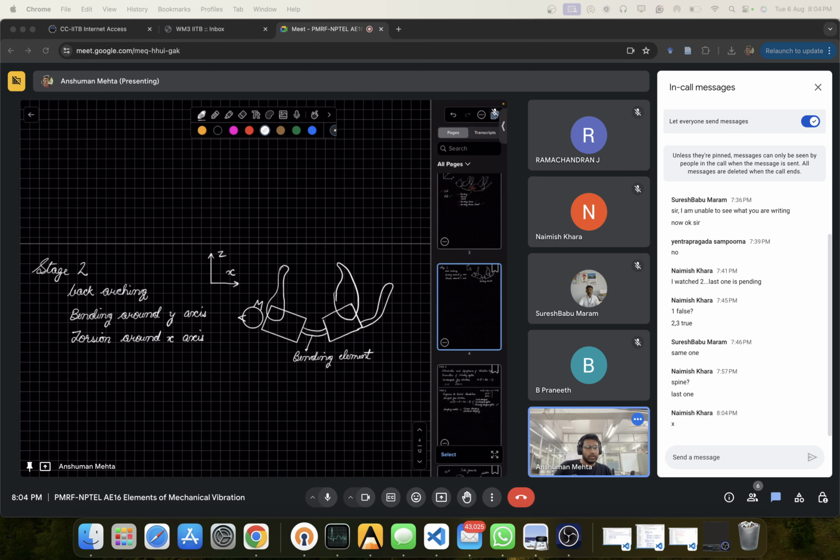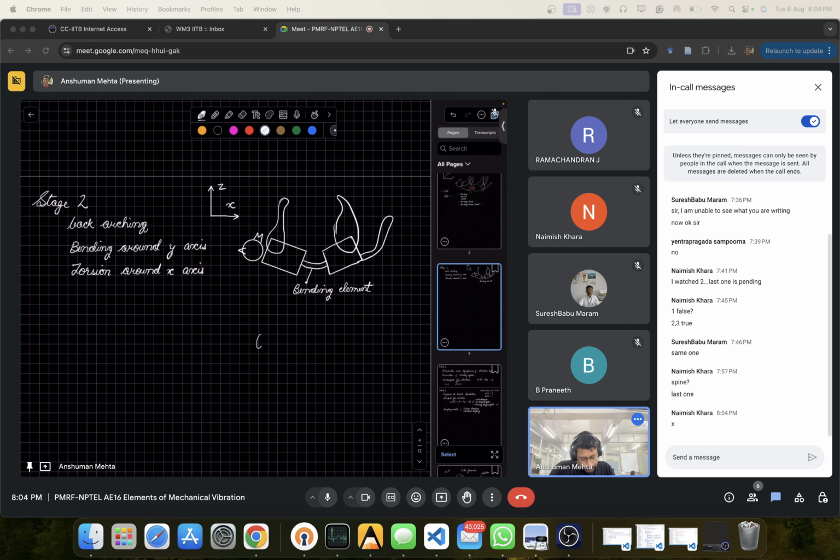How that will look like? Just imagine a cantilever beam which is subjected to torsion as well as bending. So this is bending. Now apply torsion as well. This is bending, and torsion means this. So axis of torsion is this axis, which is our x-axis. Torsion, bending.